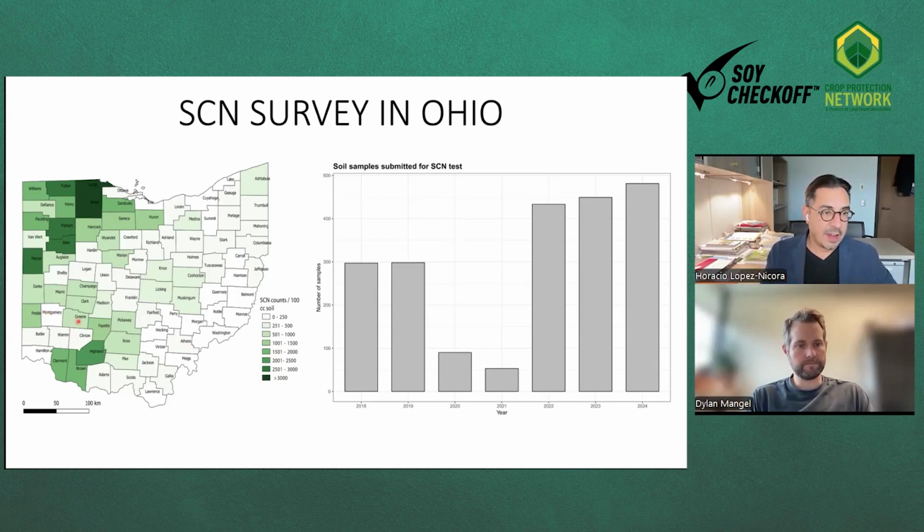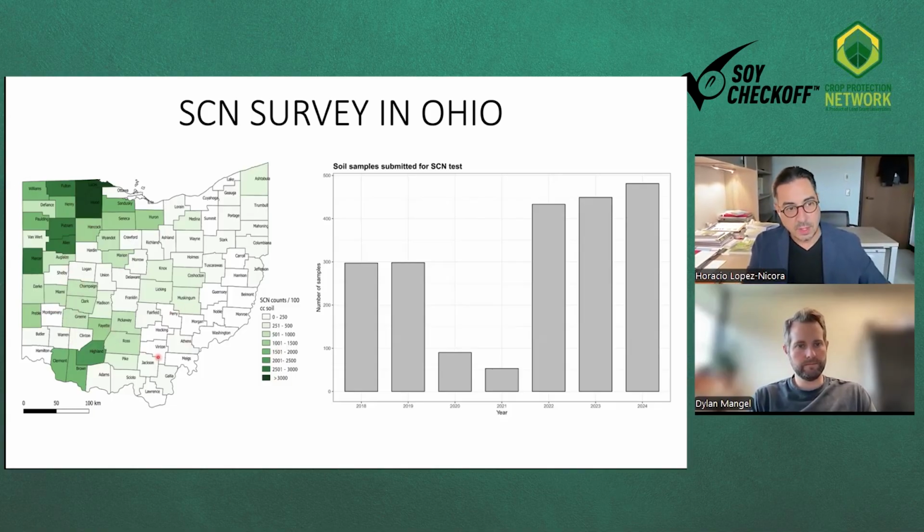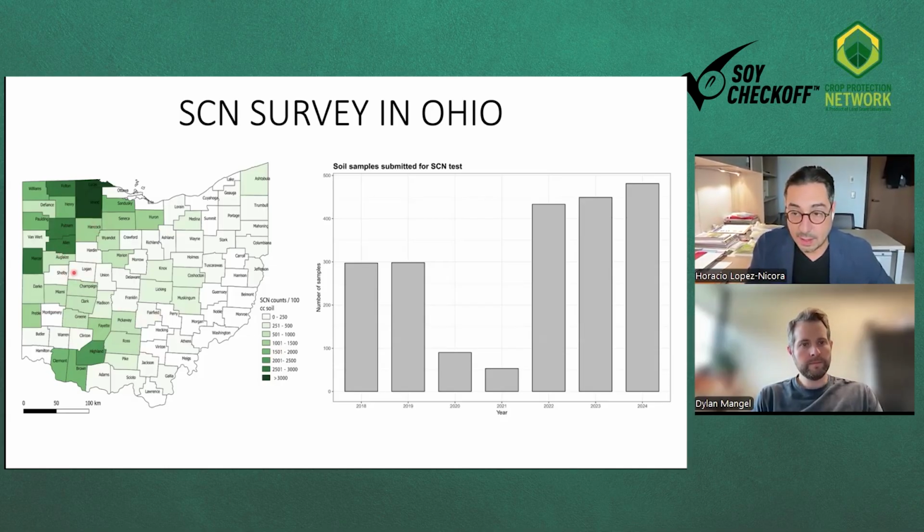And this is the area in Ohio where we grow soybean the most, but with expansion also to this area here. And we see that the highest numbers that we're retrieving are from places where we do have a lot of soybean production. And the nice thing about this type of survey is that we can detect very early the presence of soybean cyst nematode where we previously did not.